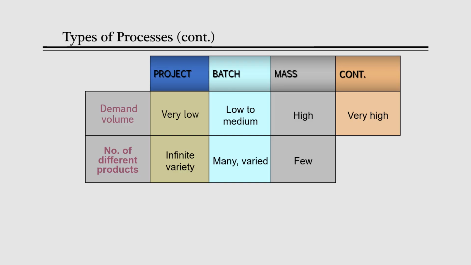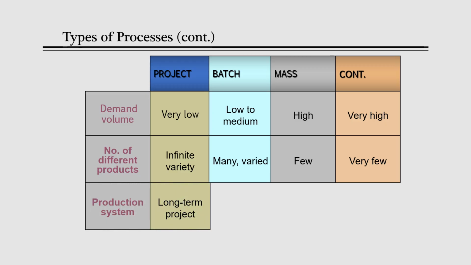When it comes to mass production, you can see few variations, such as garments. They are going to produce different colors, different fabrics only. Not much variations can be identified from the batches. When it comes to continuous production, there is a really low variety, which means there are a low number of different products.